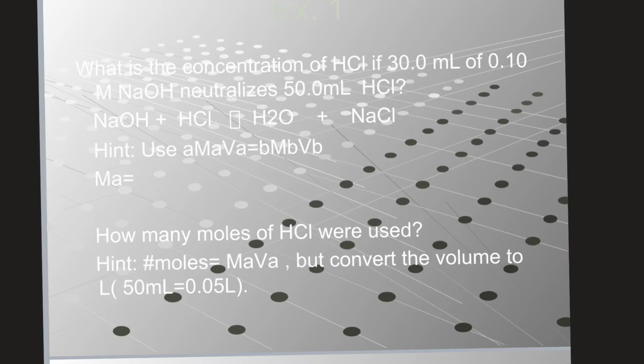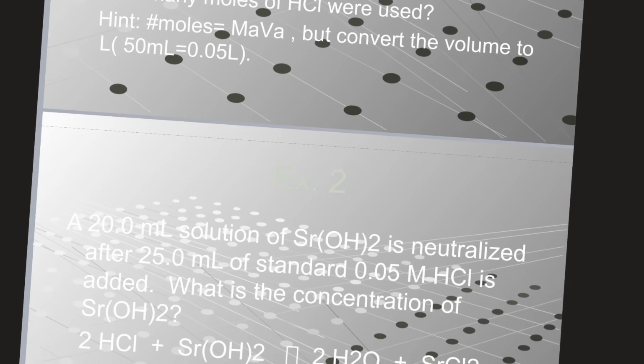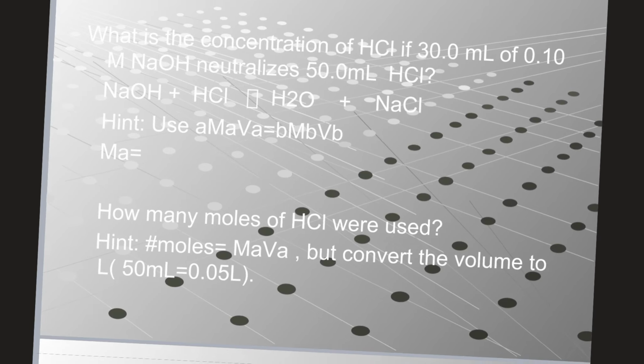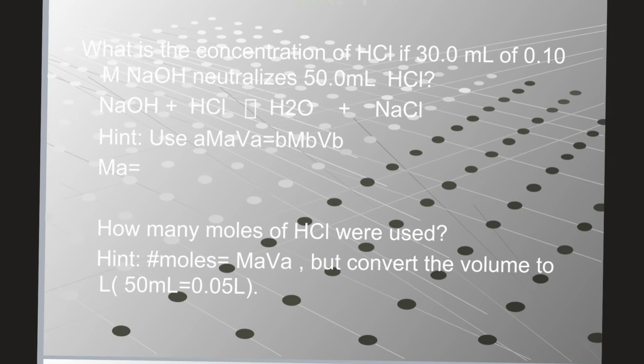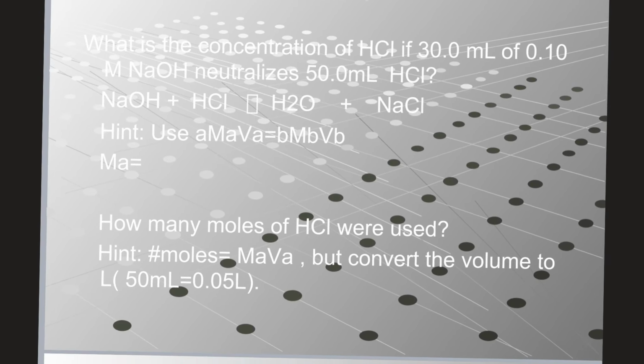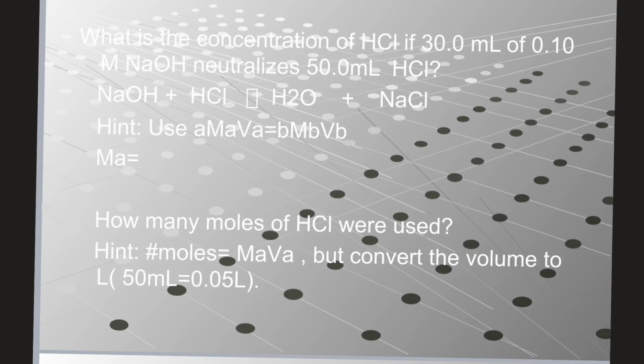Let's go through just a couple of examples so that we can see exactly how this all pans out. The first example is: what is the concentration of HCl if 30 mL of 0.10 molar NaOH neutralizes 50 mL of HCl?